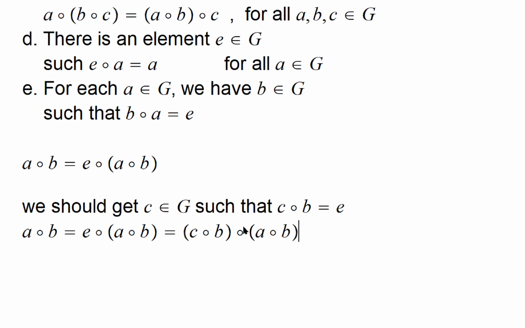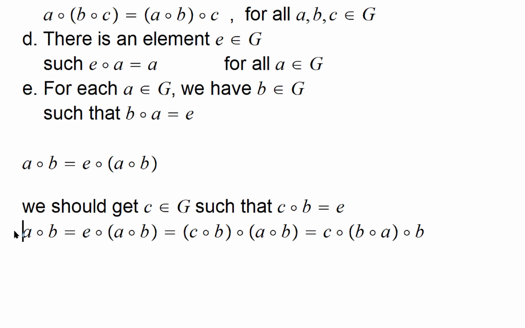Now we have C, and then we can combine B with A, and then we have B at the end. Now AB equals this quantity. Who is BA? BA is E, right?